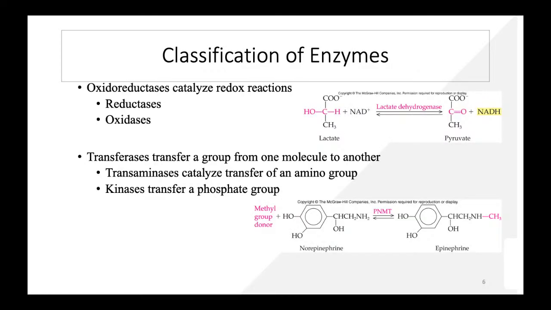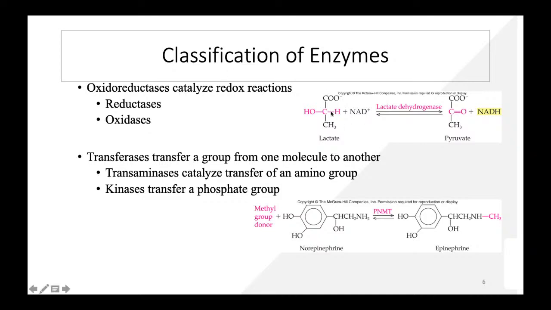Oxidoreductases catalyze redox reactions, where reduction and oxidation happen together, whereas transferases catalyze a reaction which transfers a group from one molecule to another.